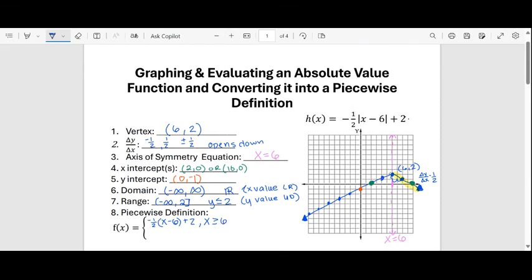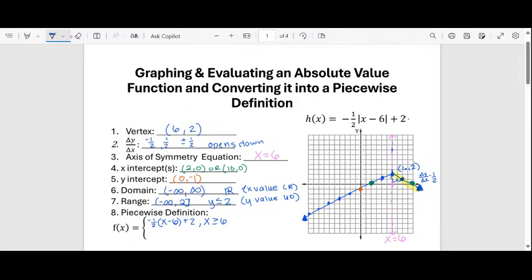This is 6 right now, and greater than or equal to would be in that direction. That line only exists from here over, from 6 over. So it's when my x values are greater than or equal to 6. And that's going to be your axis of symmetry and your vertex, just in case you need that information.